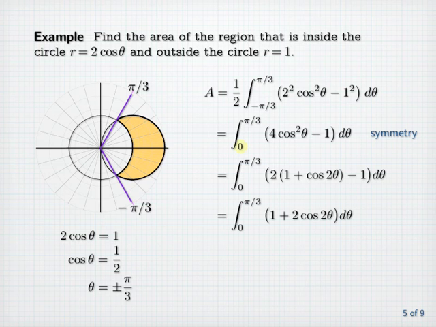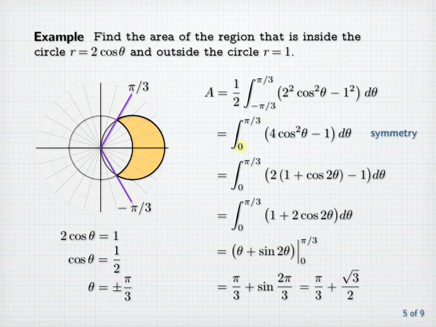Now we antidifferentiate, obtaining theta plus sine of 2 theta evaluated from 0 to pi over 3. Evaluating at pi over 3, we get pi over 3 plus the sine of 2/3 pi minus 0, which equals pi over 3 plus the square root of 3 over 2.